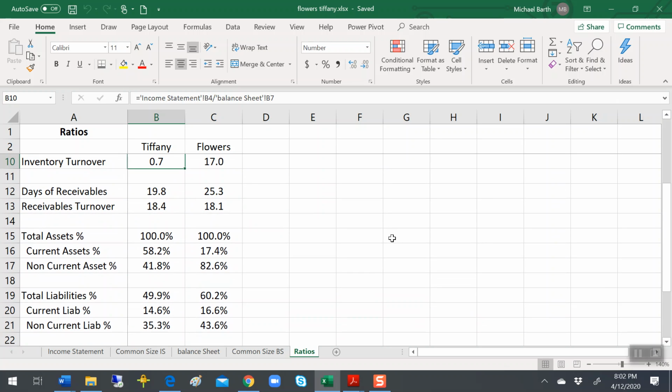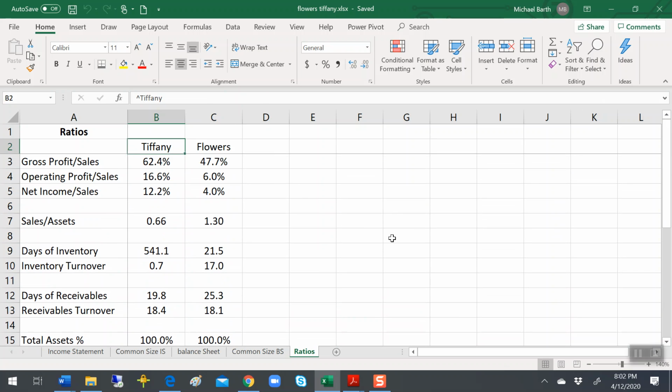If you were to look at some of these other things like days of inventory, and I didn't tell you this was Tiffany's and Flowers, if I just said, okay, company X has days of inventory of 541 and company Y has 21 days, well, you're immediately going to start thinking, what are they selling? I don't think they're selling soft drinks where it takes 541 days to sell off all your stuff.